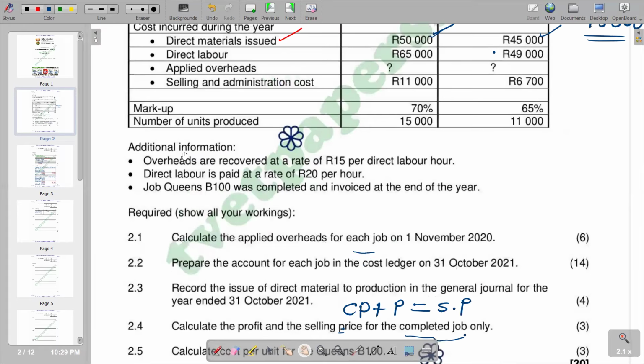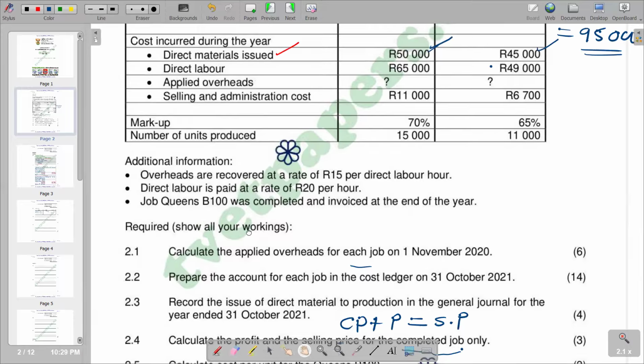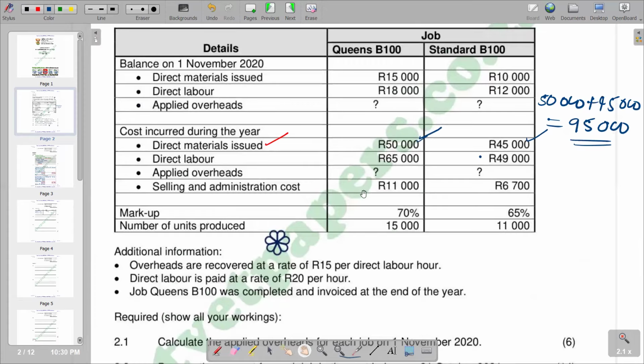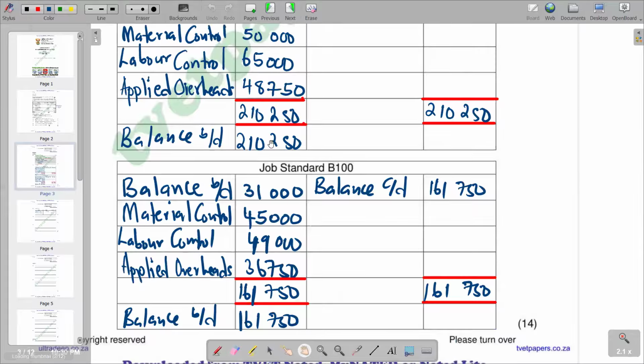We are told that the last point of additional information reads job quiz P100 was completed. So that's the completed job, P100. So we go to P100, the first column that we have there. And we have identified the total production costs, according to the account that we opened, to be 210,250. This one is the total production cost.